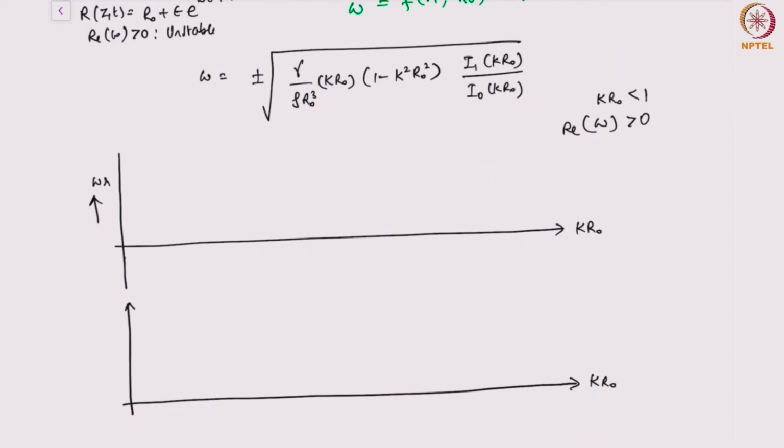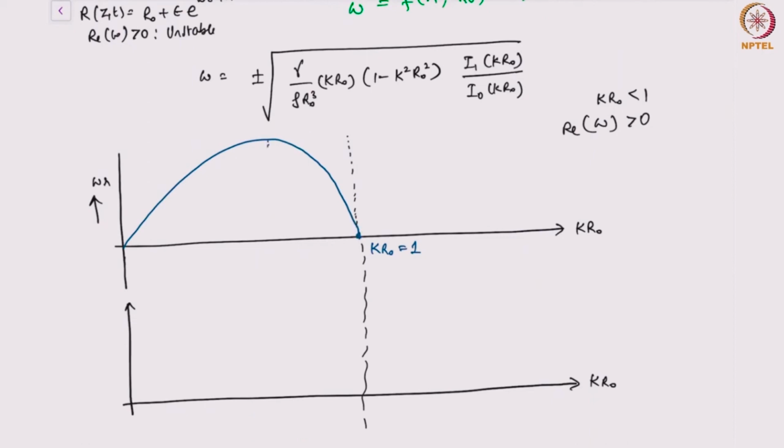So where is it unstable? I basically can make a plot this way. When k r naught is less than 1, so this is k times r naught equal to 1, you have an instability. Let me try again. That's better. You have a growth like this, right?